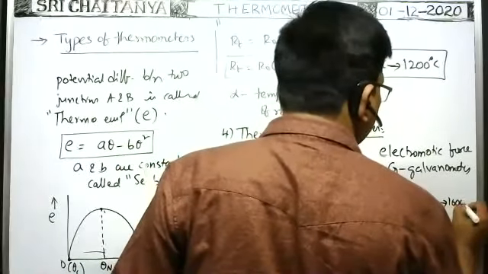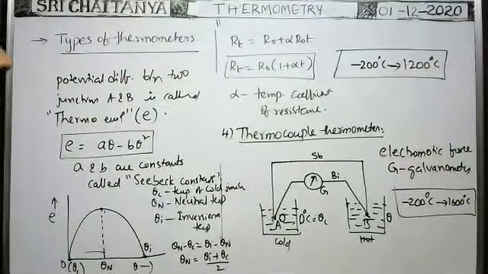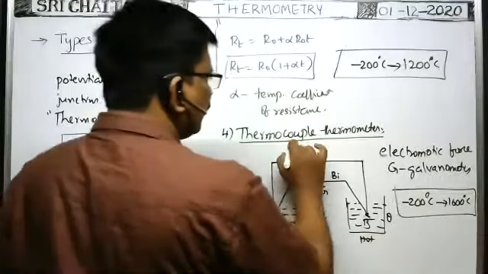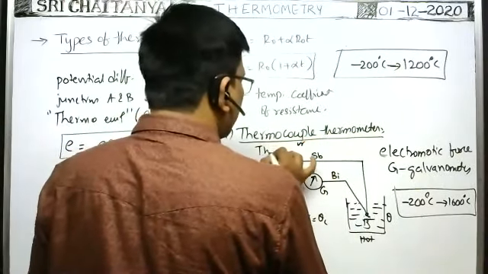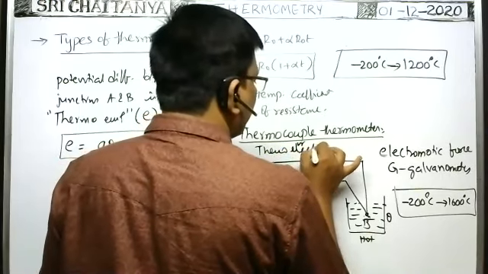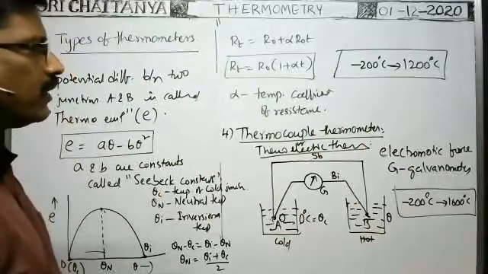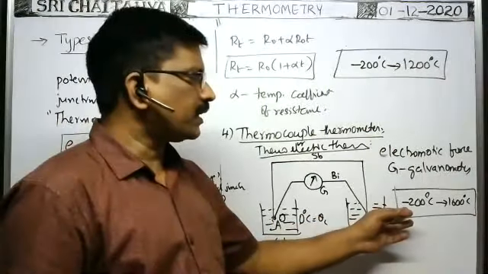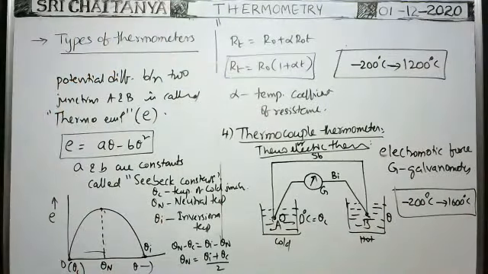It is also expensive. This is also called the thermoelectric thermometer. With it, we can measure temperatures in the range from minus 200 degrees centigrade to 1600 degrees centigrade.